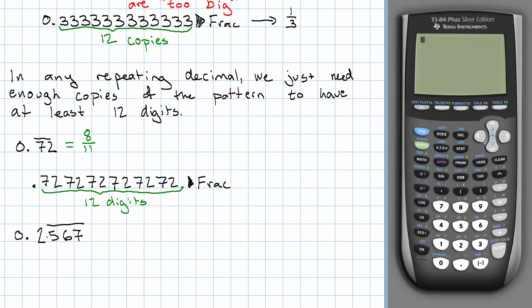Or if we have this decimal, 0.2567, where the pattern 567 repeats, on the calculator I'll enter 2, of course, and then copy the pattern 567 enough times, again, to get 12 digits.